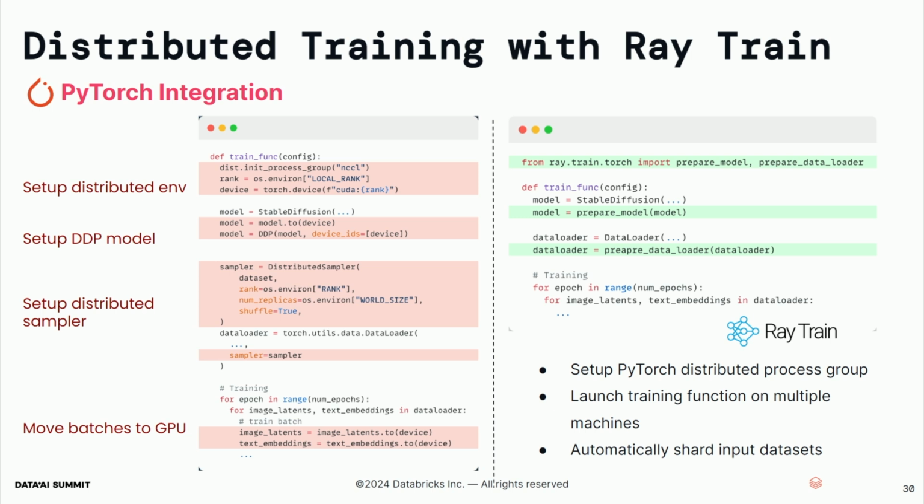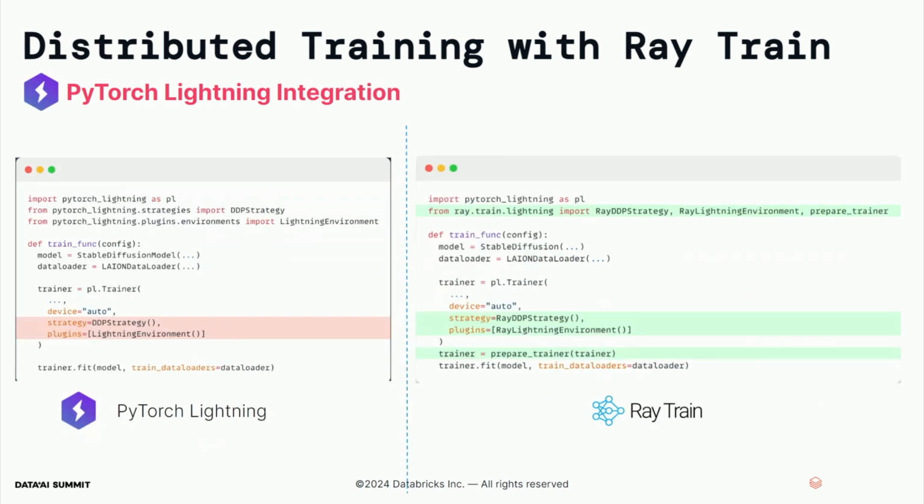With Ray Train, you just need to wrap your model and data loader with two utilities, and you don't have to worry about all this tedious stuff, which simplifies your code considerably. Similar things apply for PyTorch Lightning: you just replace the DDP strategy and Lightning environment with our Ray-provided utilities. And no other changes are required for your model and training strategies.